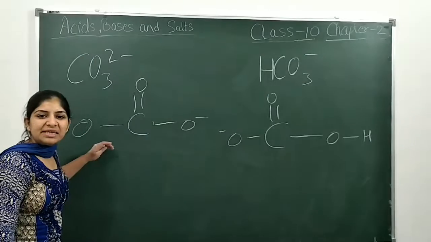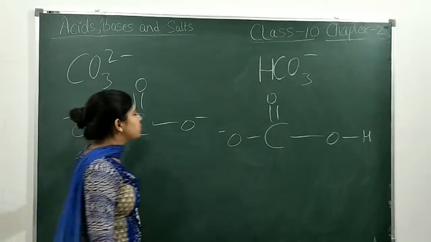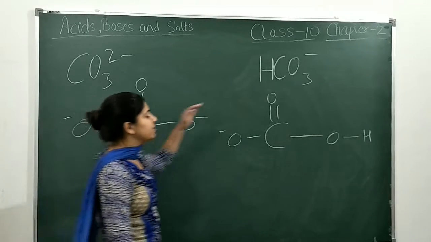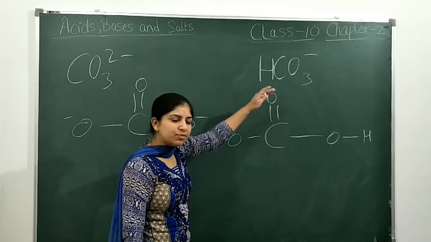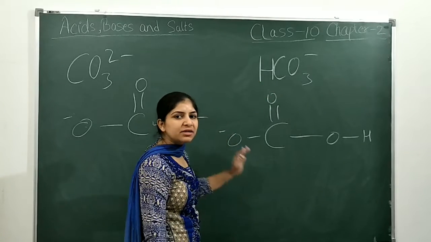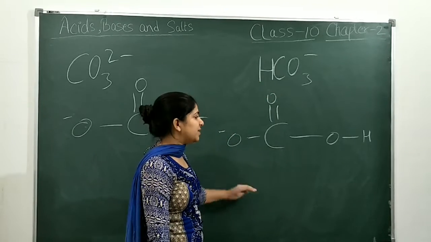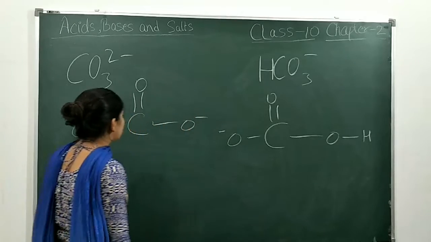like this. We can say that metal will react with carbonate to form metal carbonate, and metal will react with hydrogen carbonate, that is bicarbonate, to form metal bicarbonate or metal hydrogen carbonate. Okay.